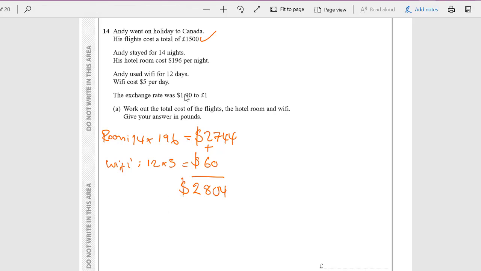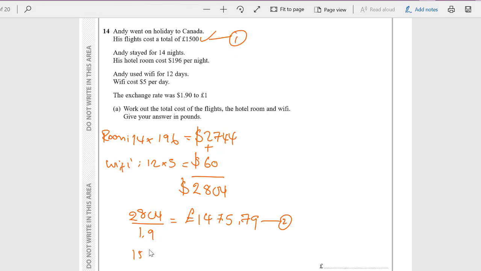So the exchange rate was $1.90 to £1. So 2,804 divided by 1.9, again using your calculator, will give you 1,475.79 pounds. So we add this with that.